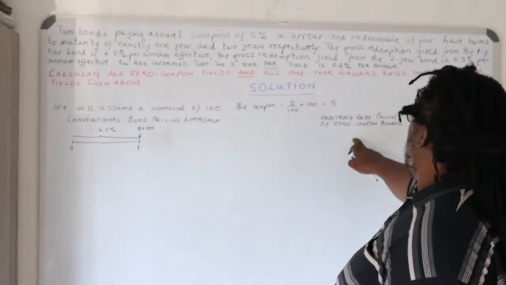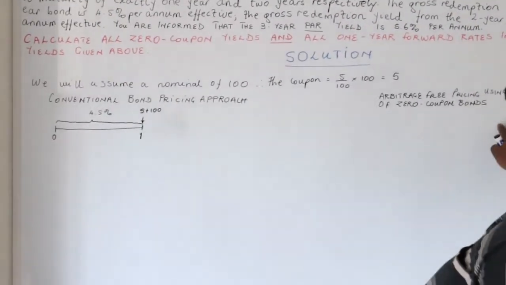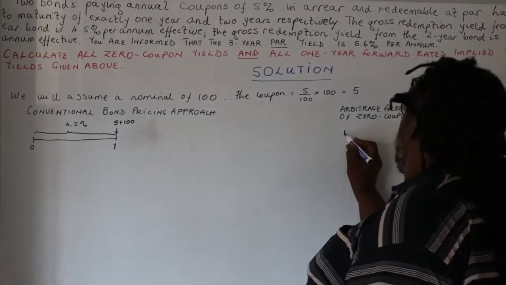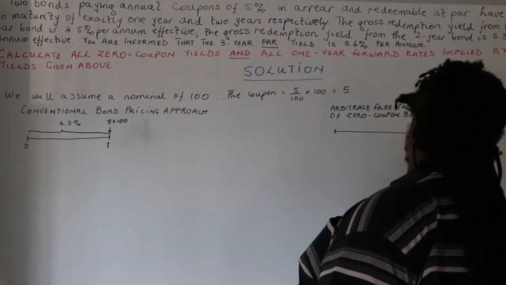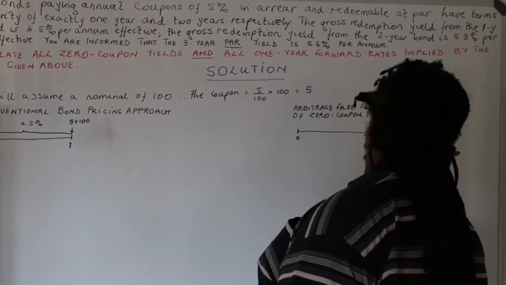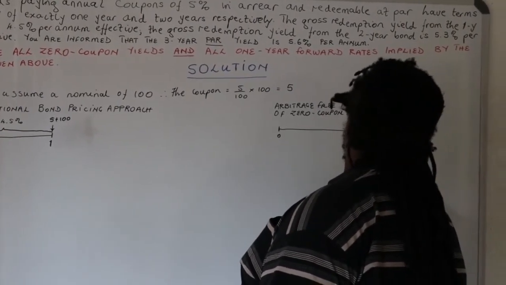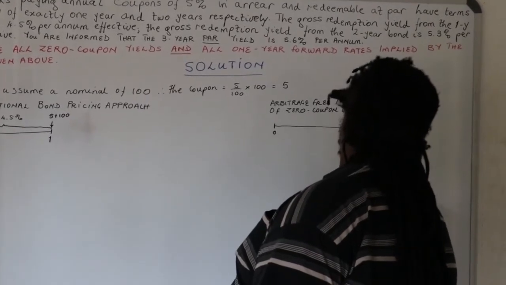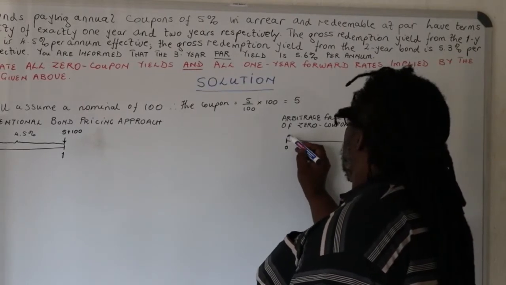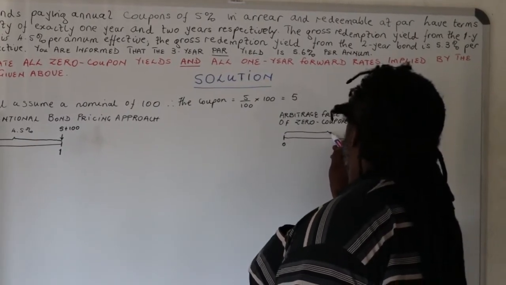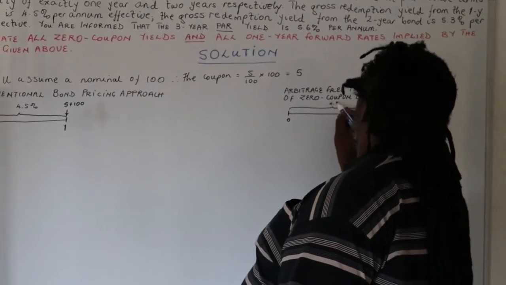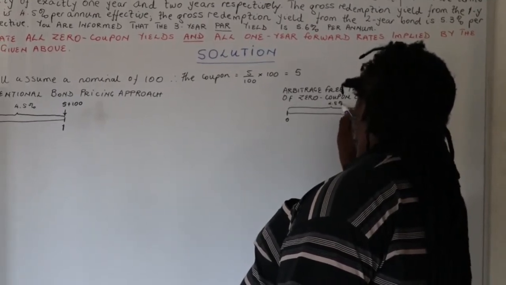And if you come to the arbitrage free pricing, you will have the same scenario as 0 there and the 1, and here you will have your 5 plus 100, and your spot rate would be exactly 4.5%.